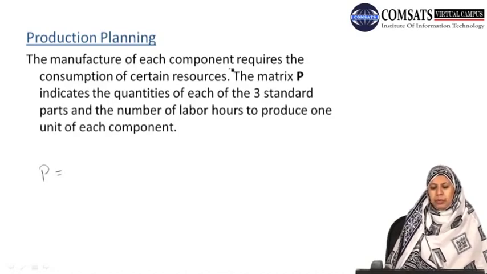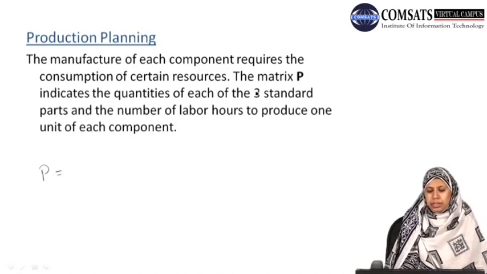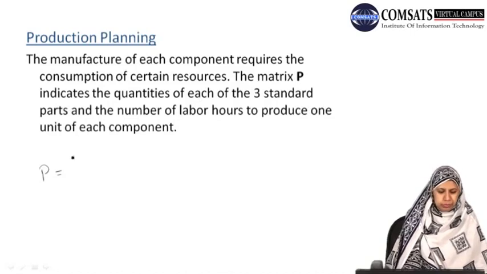Now we have 4 components and each component requires 5 resources, that is 3 standard parts and 2 labor resources, which means that our matrix will be of order 4 by 5.